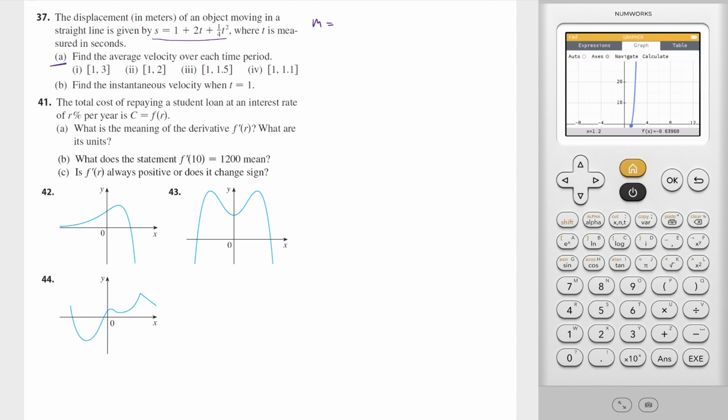So slope formula says m is the change in y divided by the change in x, and that is y2 minus y1 over x2 minus x1. So for the interval 1, 3, first of all, we know that the change in x is going to be 3 minus 1.